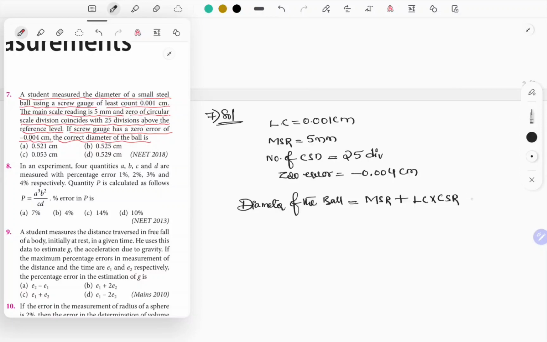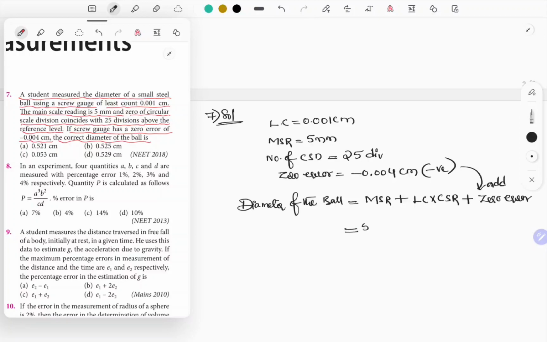Then they have given zero error also. So finally we have to add that zero error. Don't consider negative again. As they have given negative error, now we have to add it. Don't substitute minus again. I've already substituted minus, then I decided I have to add that. Plus zero error. That means we have to write minus of minus, then you are going to get plus. So let me get into that.